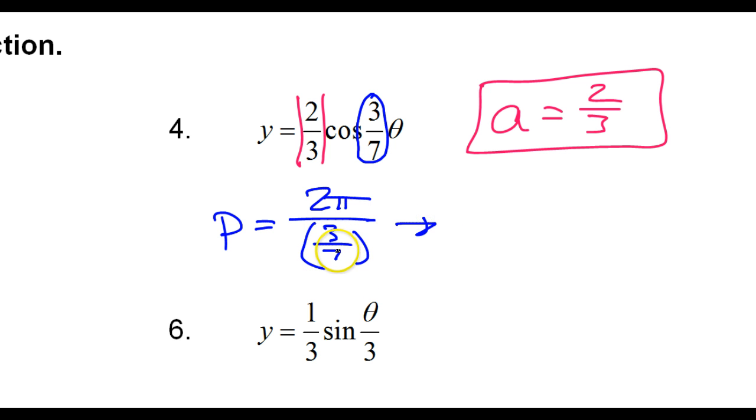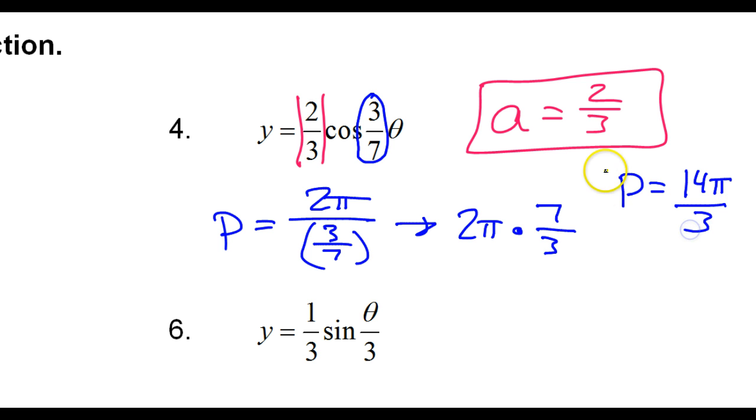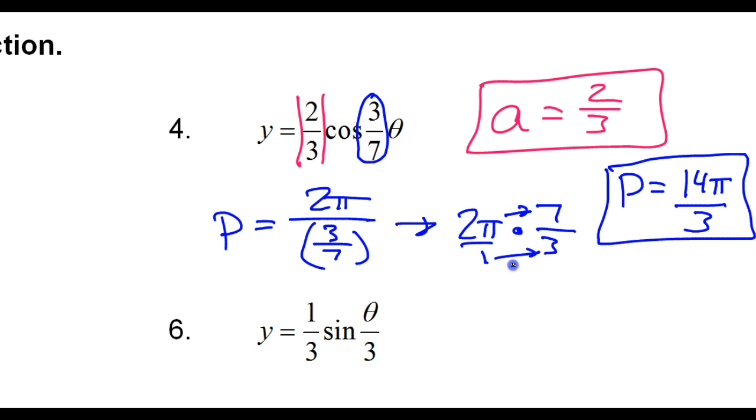If you want to divide by a fraction, then you multiply by the reciprocal. So that's 2 pi times 7/3. That's why the period is going to be 14 pi over 3, because this is like over 1 and you just multiply straight across.